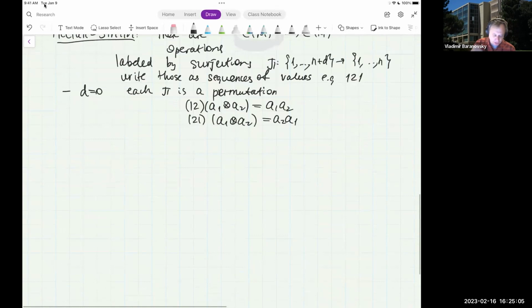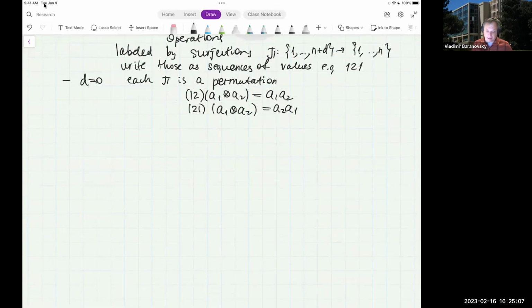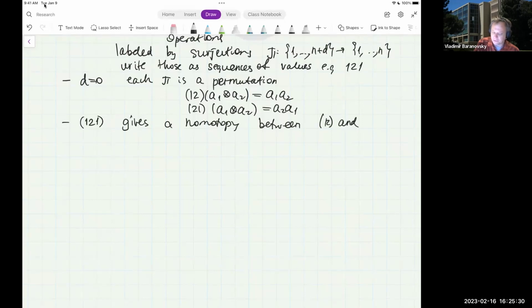And it's clear that for any permutation, we have such an operation. Now, there is the case of operation 1 to 1. It gives a homotopy between 1, 2 and 2, 1.